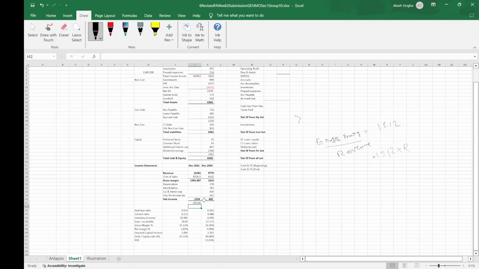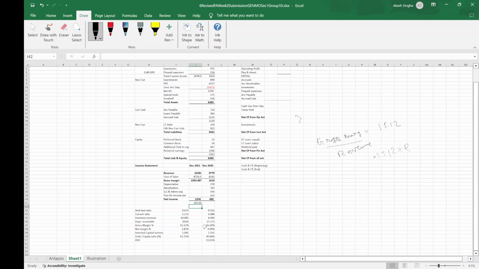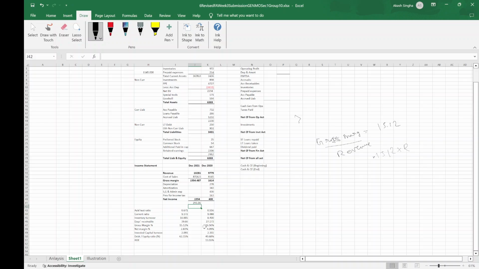We'll do that later. Invested capital turnover, which is turnover by debt plus equity, right? So invested capital turnover is 2.091. So it's basically revenue by debt plus equity.